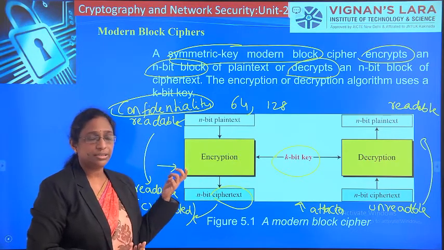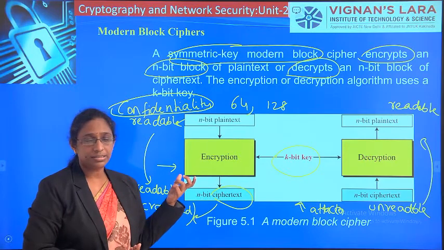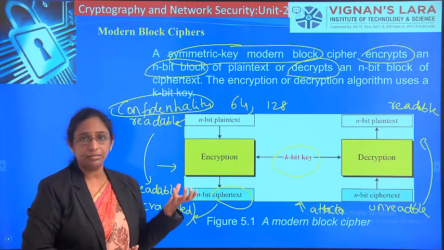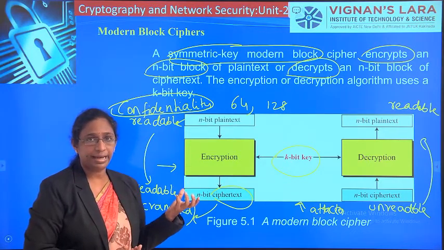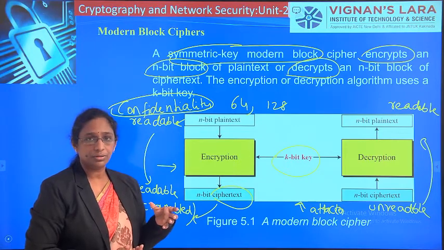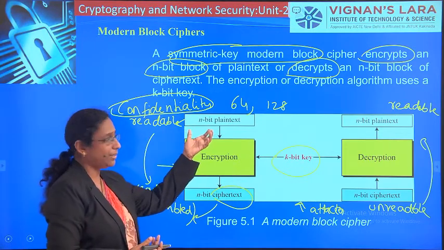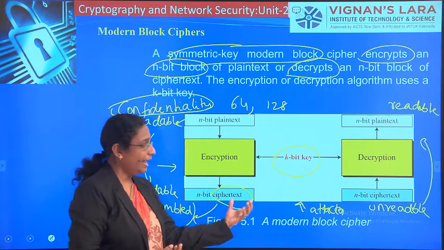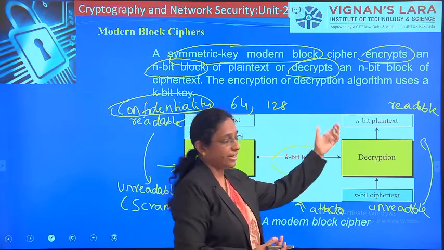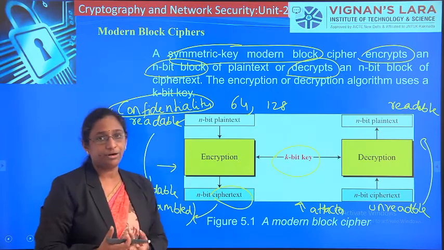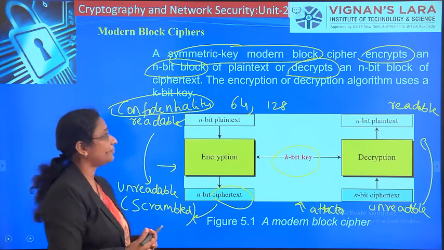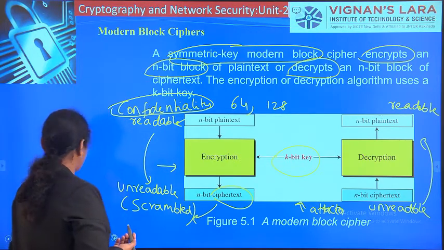The block cipher takes a block of data at a time and does the encryption. So an n-bit block of data will be encrypted at a time, and an n-bit block of data can be decrypted at a time. A block is nothing but a set of bits. So that is about block ciphers.